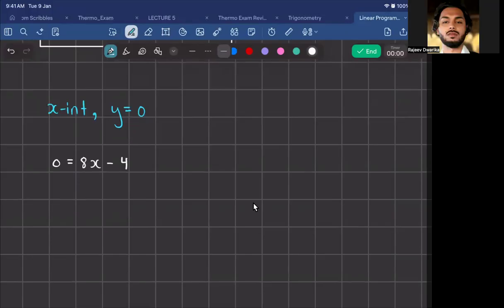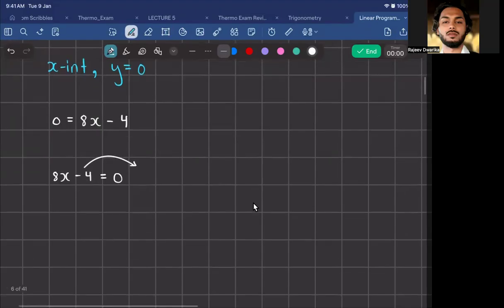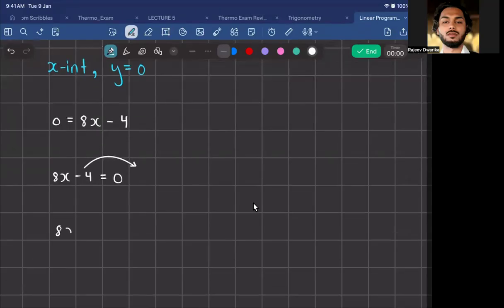Tell me what the next line would look like. 8x minus 4 equals 0. Okay, this is a familiar form. What would you do next? You move the negative 4 to the right, and it will become positive. So 8x is equal to? Positive 4. Right. Did you ever wonder why?